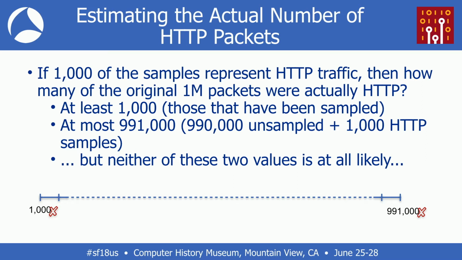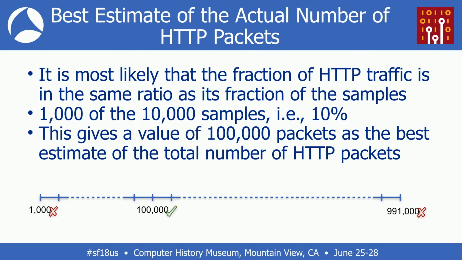Of course, neither of those values is likely. It can be proved that the most likely value is the one that maintains the same ratio that we have in the sampled packets.